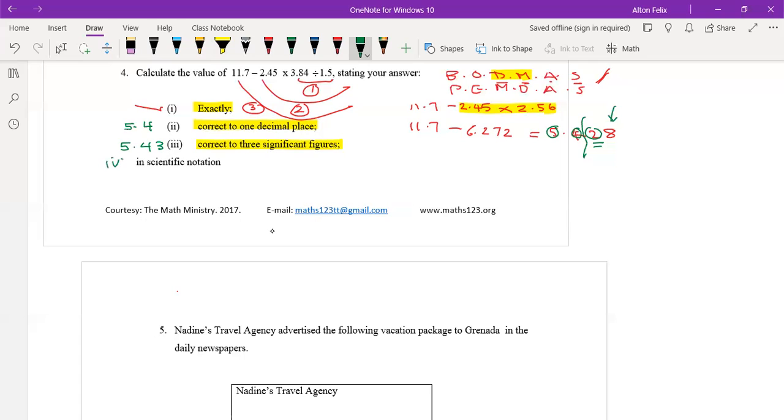Well, scientific notation, you write your answer in the form like this. Right, so your exact answer is 5.428. The first number is already between 1 and 10, so it will be 10 to the power 0, right? So that'll be your answer in scientific notation.